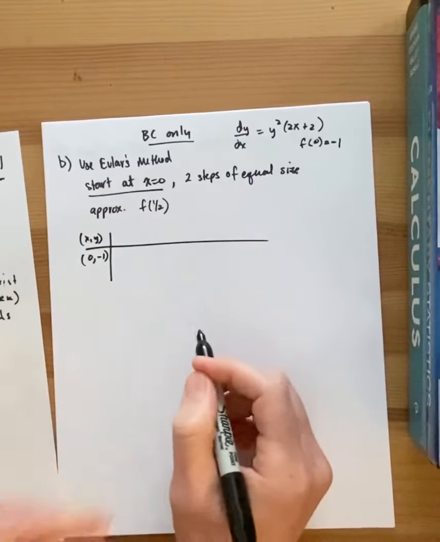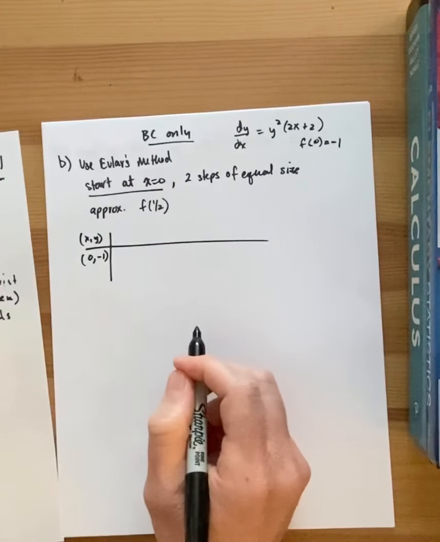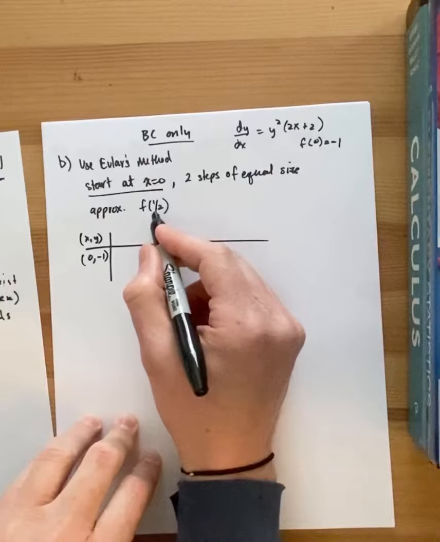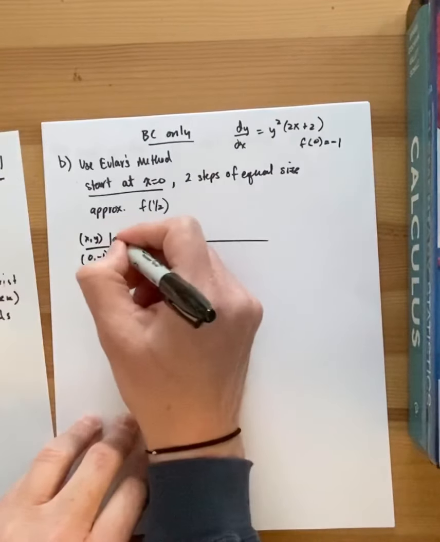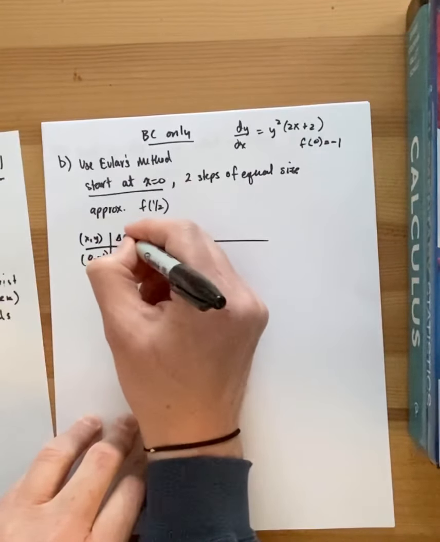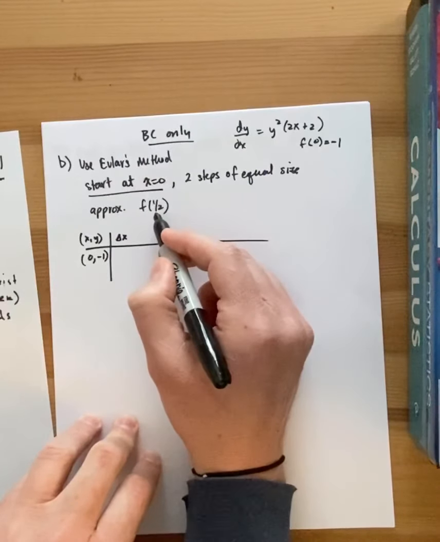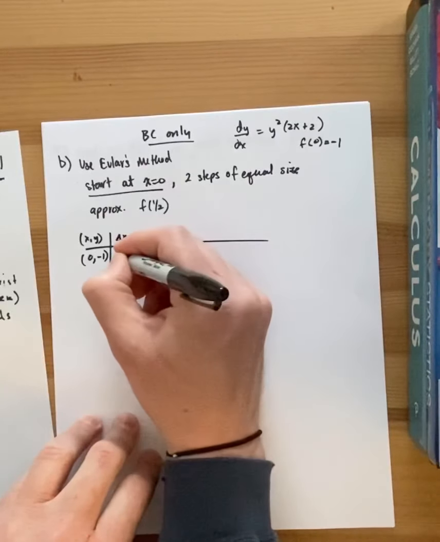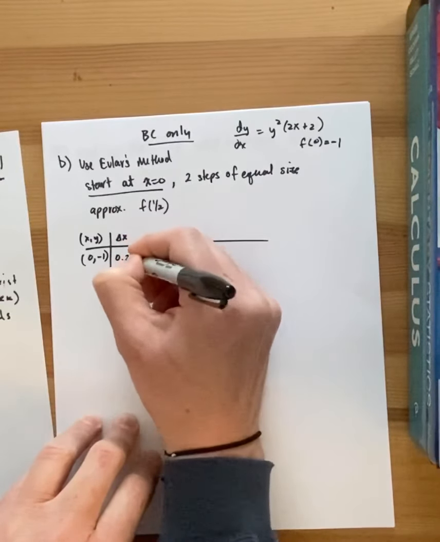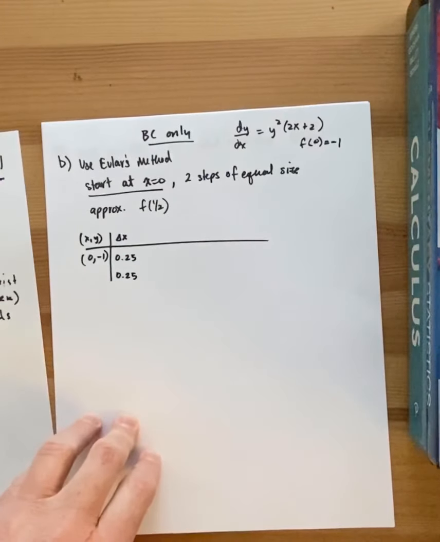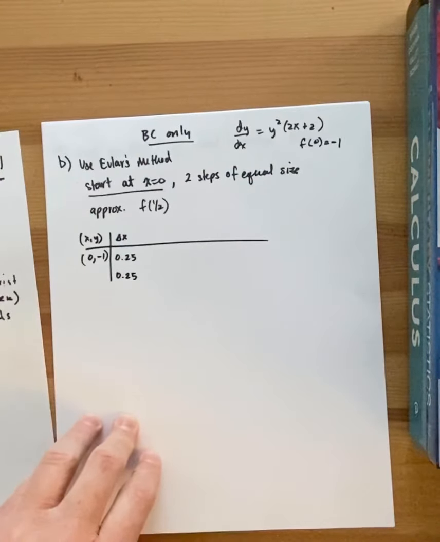So you have x, y, and we want to have the same steps to get to 1/2. So in this case, delta x is going to equal 0.25 for my 2 steps so that I could get to 1/2.